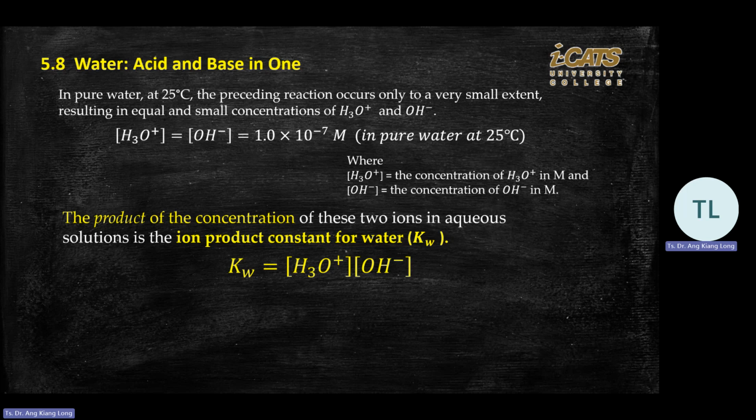Your mathematics teacher. 10 to the minus 7 multiplied by 10 to the minus 7, what do you get? 10 to the how many? Multiply equals plus, so minus 14.